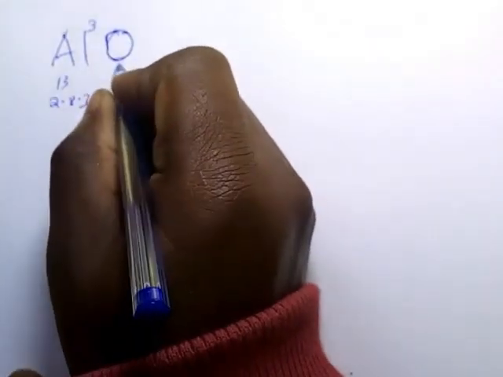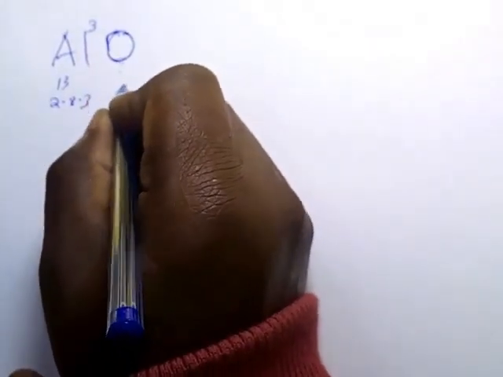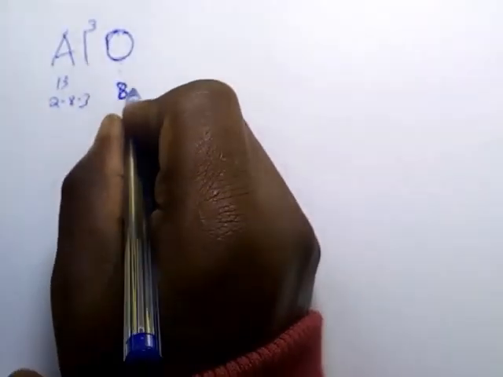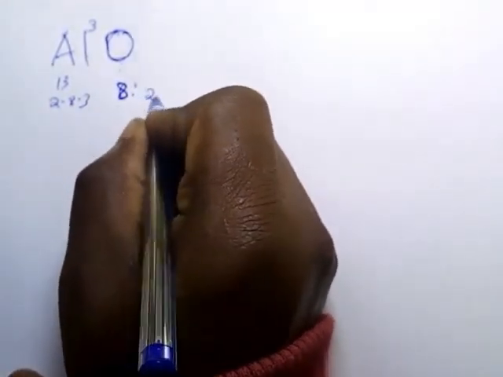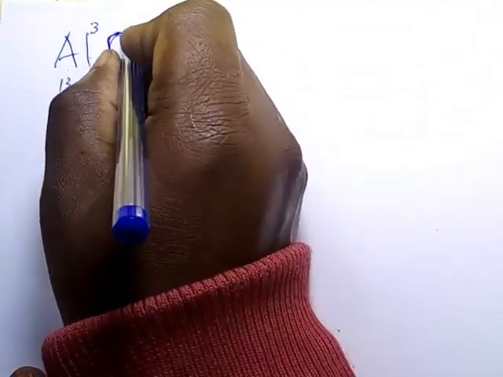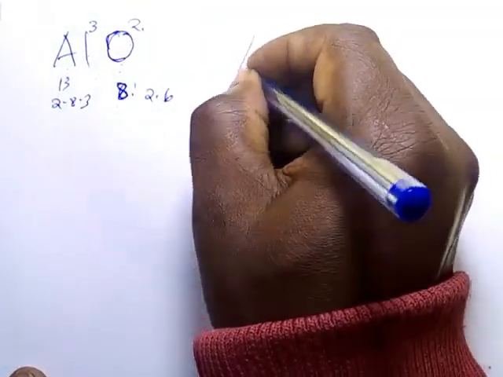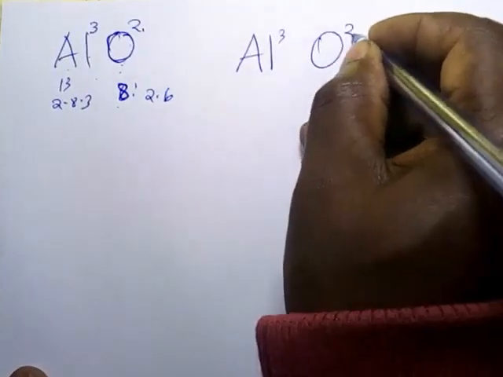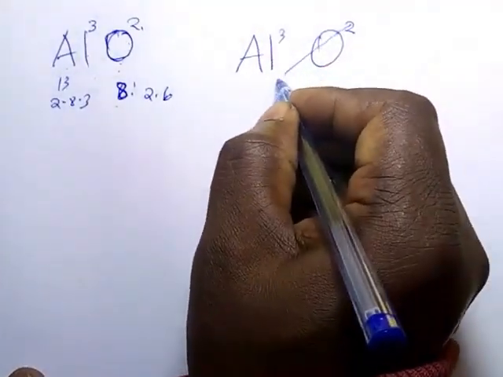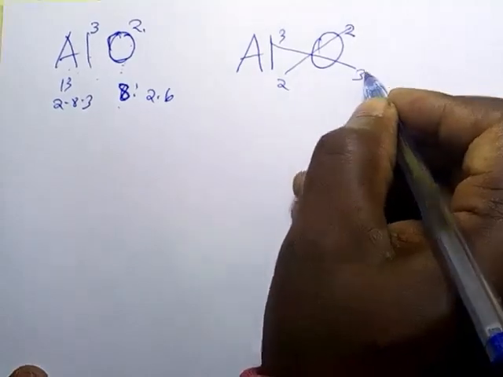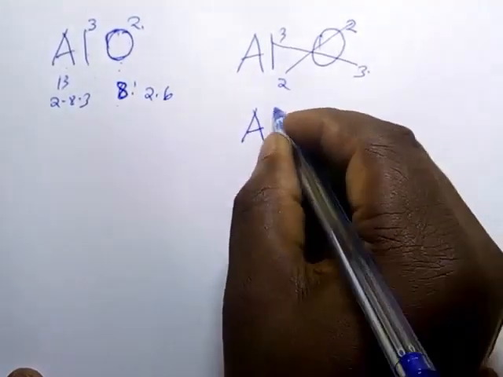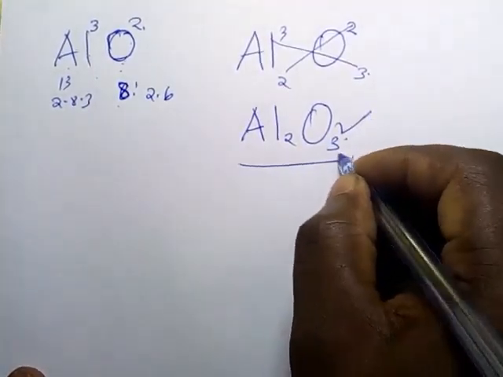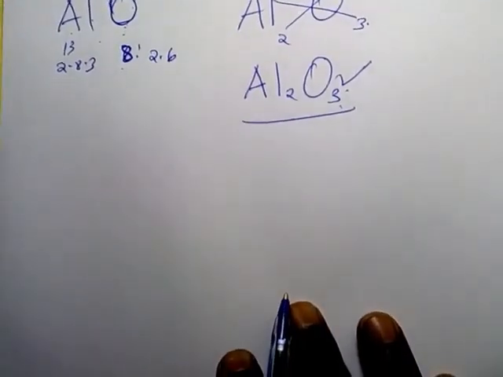Oxygen is atomic number 8, the electron configuration is 2, 6, so it will gain 2 electrons, so the valence is 2. So now that you have aluminium 3, oxygen 2, this one will bring 2 here, and this one will bring 3 here. Therefore, aluminium oxide is Al2O3. And this is the correct formula of aluminium oxide.